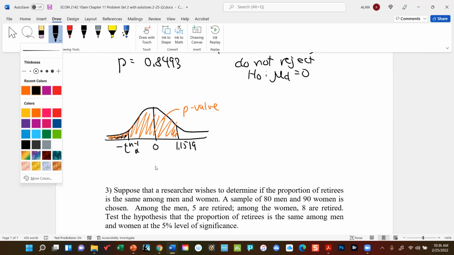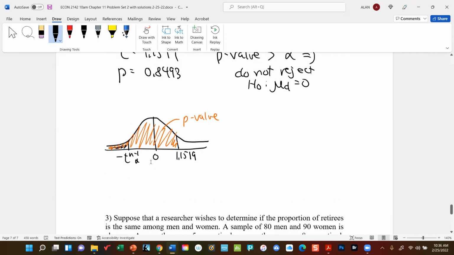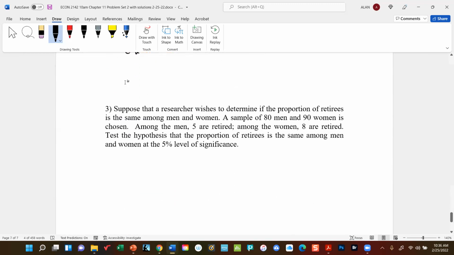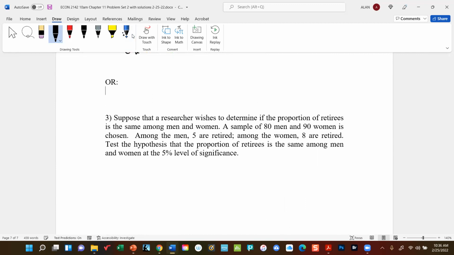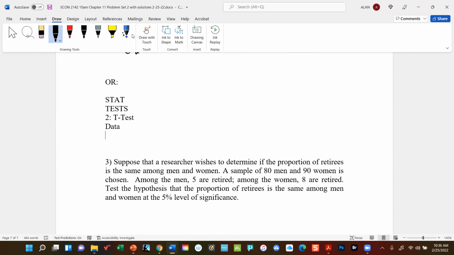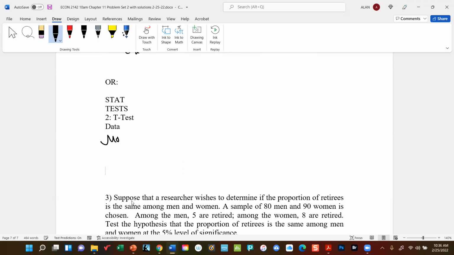Okay, and then of course, the other option we could have used is to say, well, all right, we're going to go back and use stat tests, but this time instead of stats, we're going to use data. Because this time, all it really needs to know is where the list is. Okay, well, you have to specify the null hypothesis, but then it's going to say, well, all right, where is this list you're talking about?